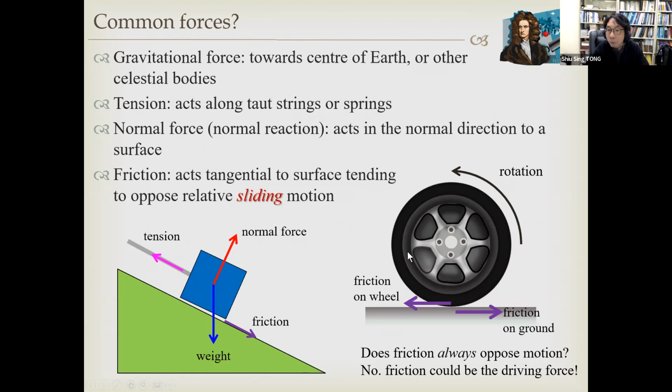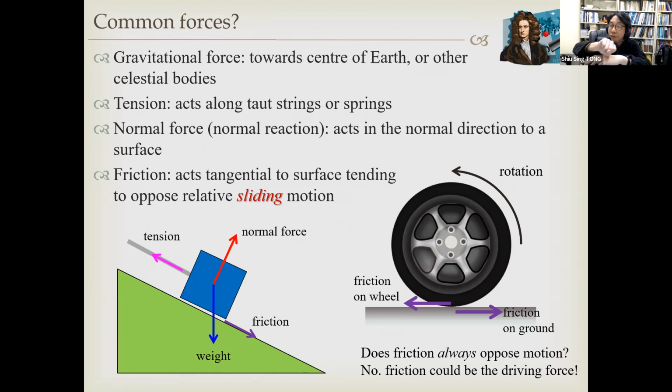So what is wrong about this? I think it is wrong to say that friction always opposes motion. But it is true to say that the frictional force tends to oppose relative sliding motion between the two surfaces. Even in here, the tire tends to rotate in this direction, right? And it tends to slide over the road, right?